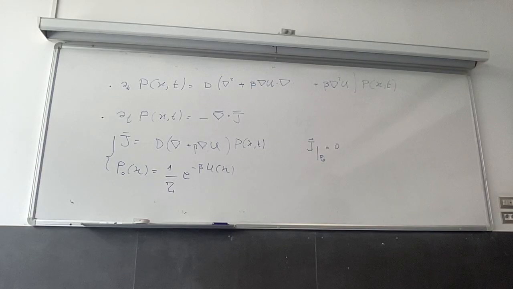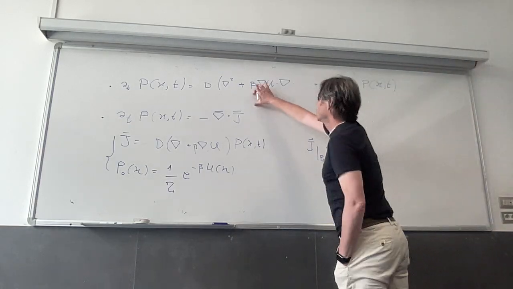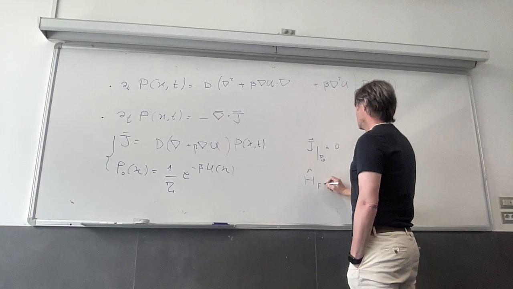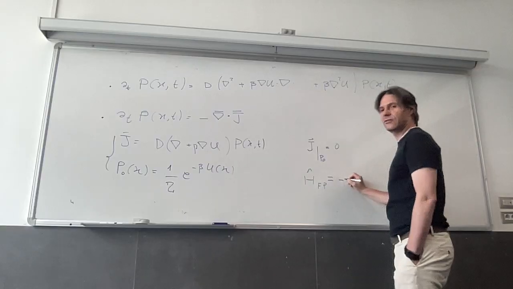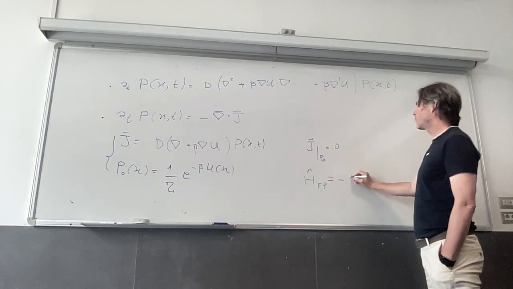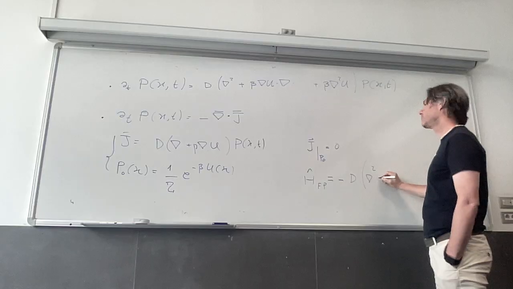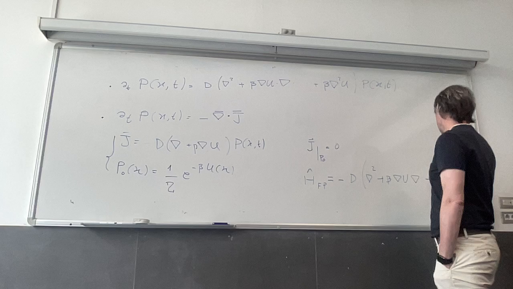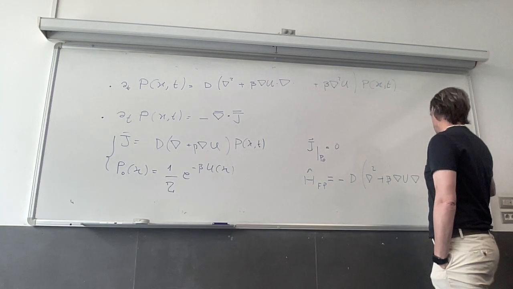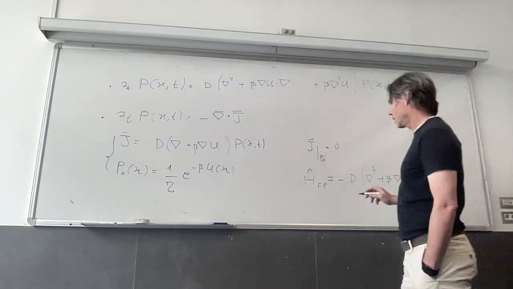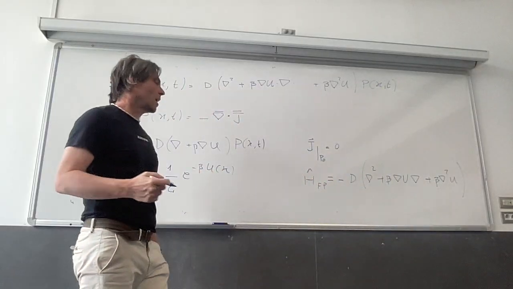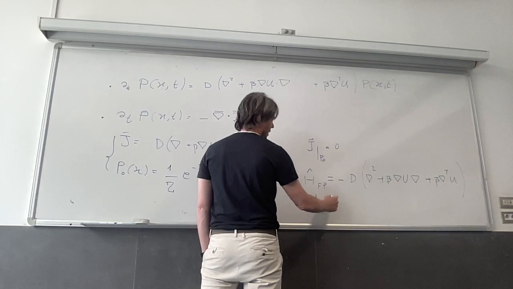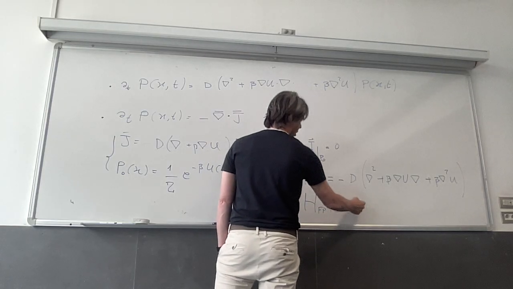The Fokker-Planck operator, this term here, H Fokker-Planck, which is defined to be the negative of the right-hand side operator there, has a zero mode, and by zero mode I mean H Fokker-Planck P naught equals naught.